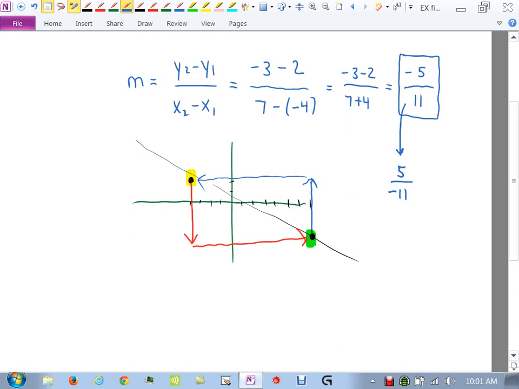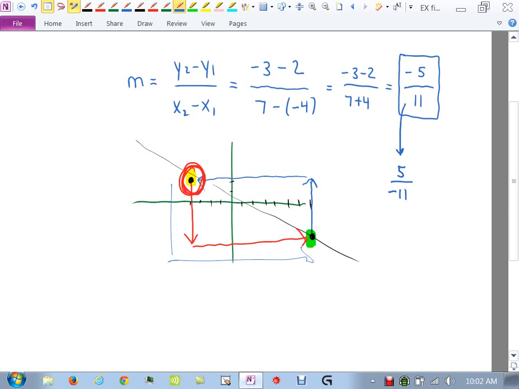So let me really see if you understand this. What if I told you to start at this point I'm circling here in red, and I said, give me another point on this line, but not that green one down there? How could you do it? I mean, how could I physically get to another point? If I go down 5 and over 11, won't I be at the green one?